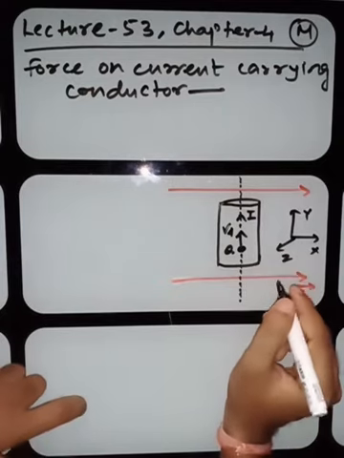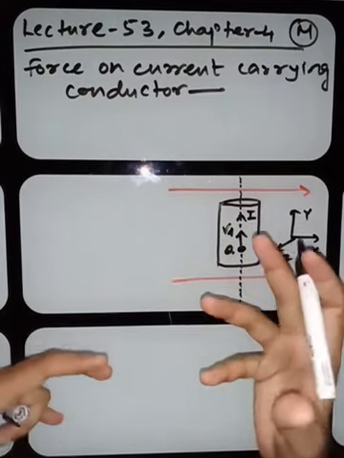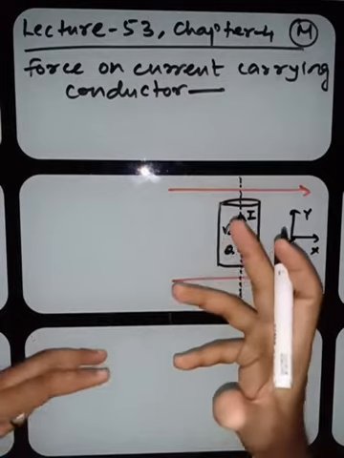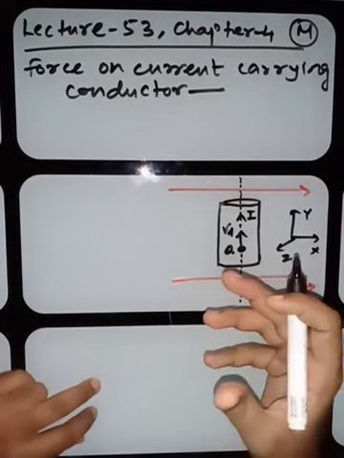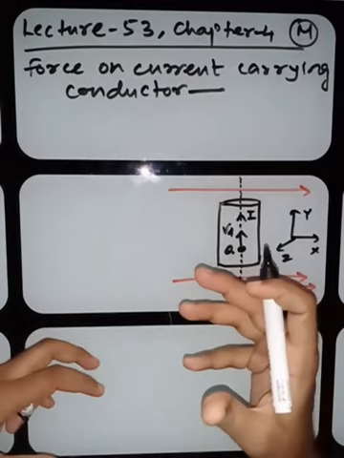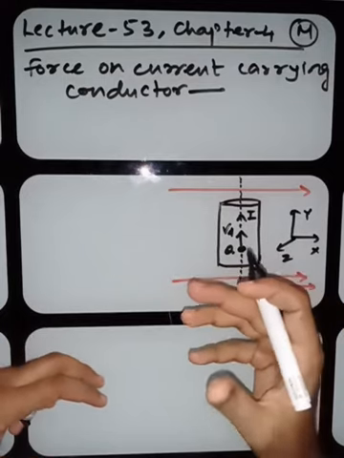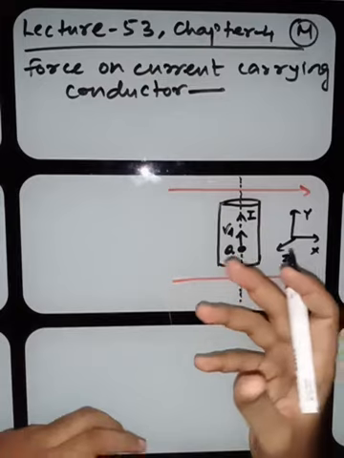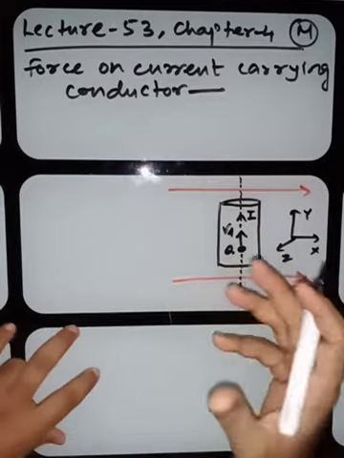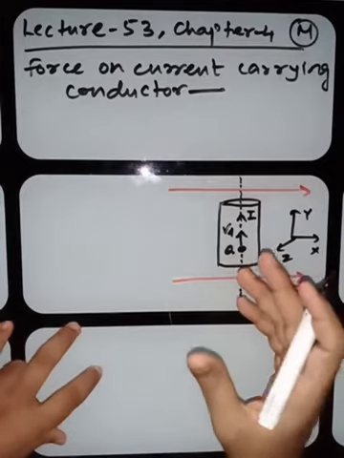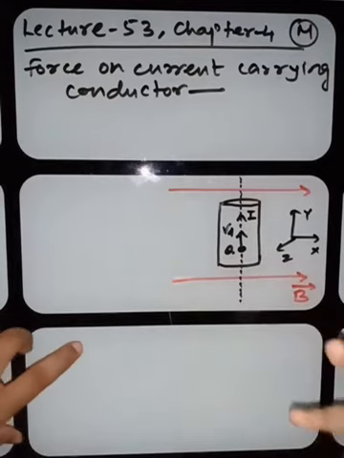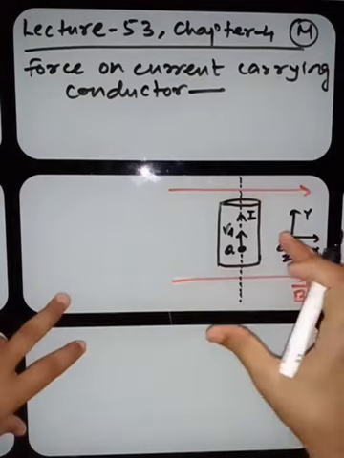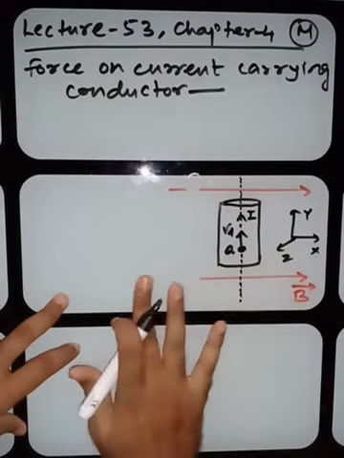Whenever any conductor carrying current is placed in a magnetic field, it experiences a force, and that force depends upon the magnitude of current, the length of the conductor, and the strength of the magnetic field in which this conductor is kept.